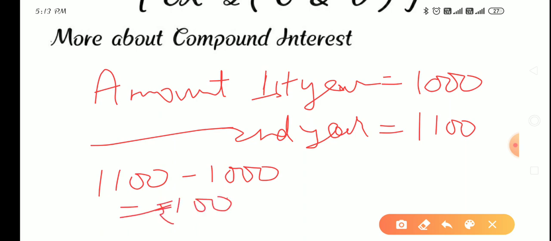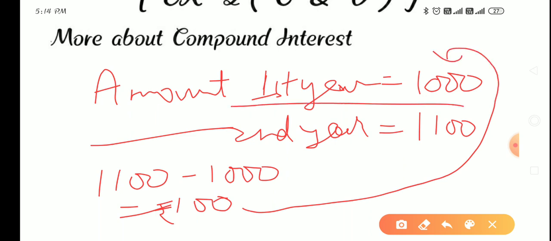Again in the same way, this difference of amounts of 2 consecutive years will be the interest of 1 year on the amount of the preceding year, means on the amount of this first year. So this 100 rupees is the interest of 1 year on 1000 rupees.